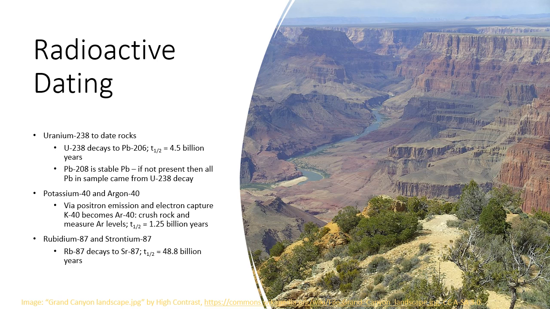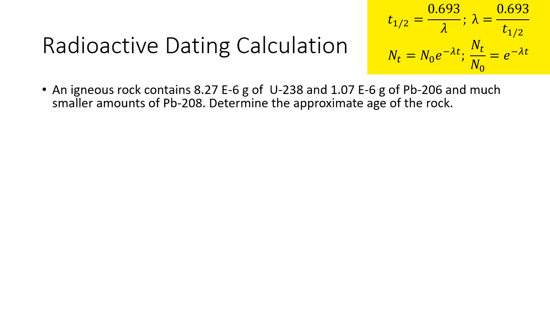There is some controversy about the accuracy of this type of radioactive dating, but everybody can kind of agree that yes, the older things are found further down. This makes sense. Hooray! Okay, so let's try to do a calculation involved with the radioactive dating.